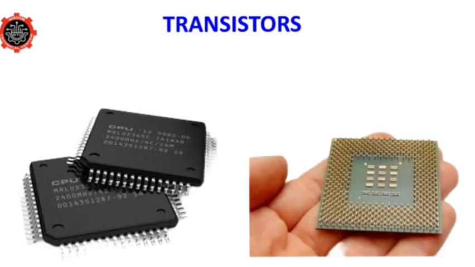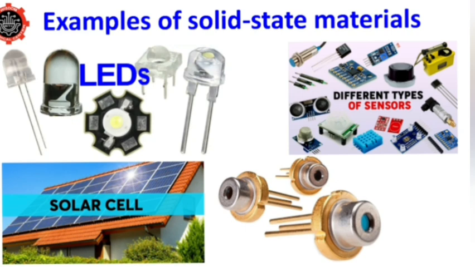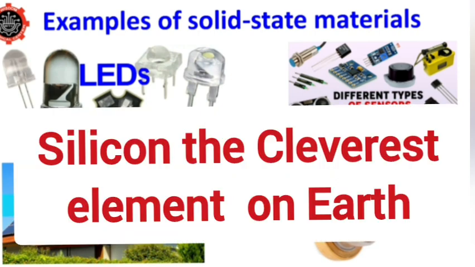Examples of solid-state electronic devices are things like microprocessor chips, the light-emitting diode lamp, the solar cell, the image sensor used in cameras, and the semiconductor laser, etc. Therefore, semiconductors are the heart of these technologies and have become the assurance of the digital age.